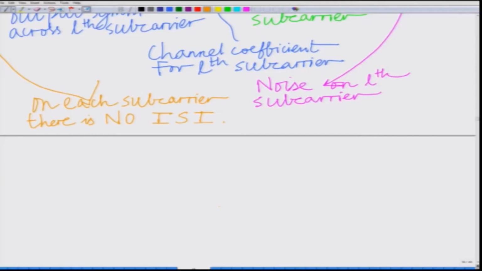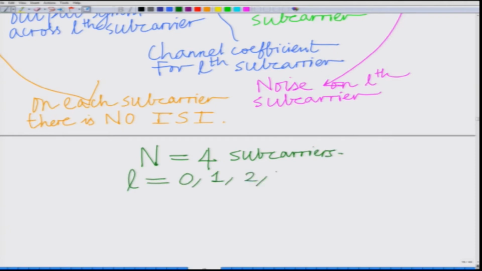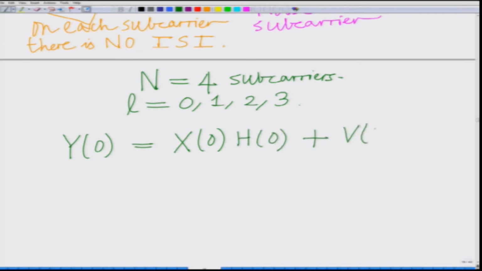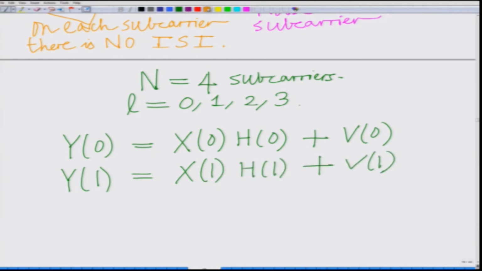So, if I write the system for the n equal to 4 subcarriers, corresponding to L equal to 0, 1, 2, 3, across subcarrier 0 I have y0 equals x0 h0 plus v0, y1 equals x1 h1 plus v1.